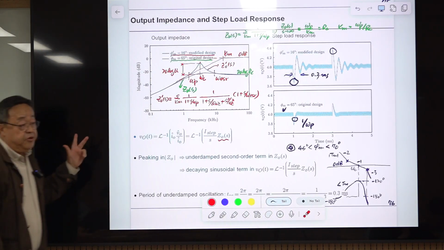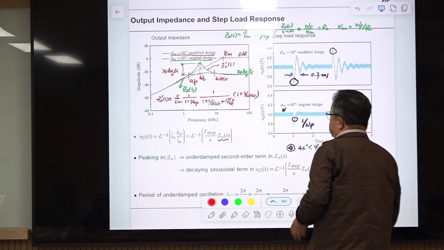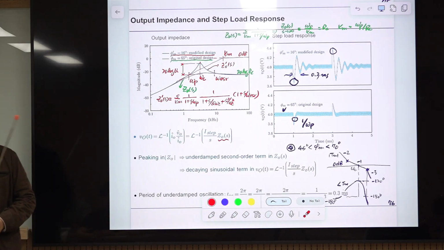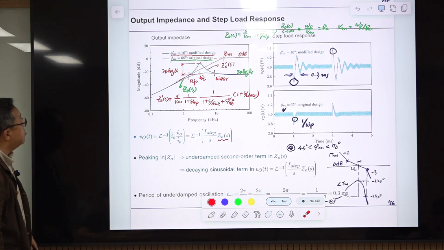I have another example here, the same example, but with a more detailed explanation of the output impedance and its relationship to the step load response. Okay, so this is the equation. This is the example, the same as the previous one.